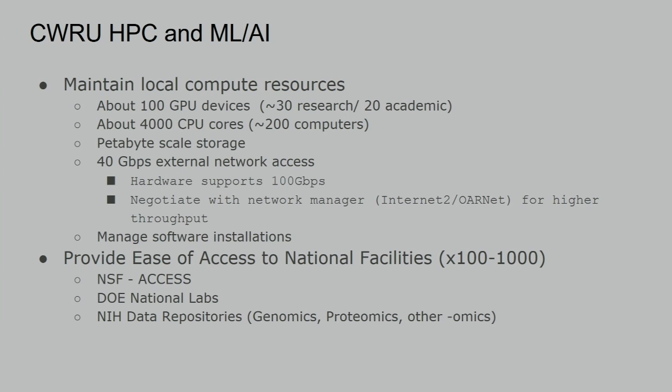So what our group does to support people is we do have some local resource, but compared with what a large language model needs, I have to talk with folks and learn what Copilot uses, because it must dwarf our little system. We have on the order of 100 GPU devices. They're in the basement here in the data center. About 4,000 CPU cores.